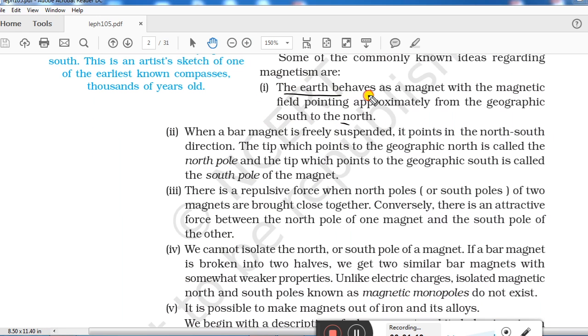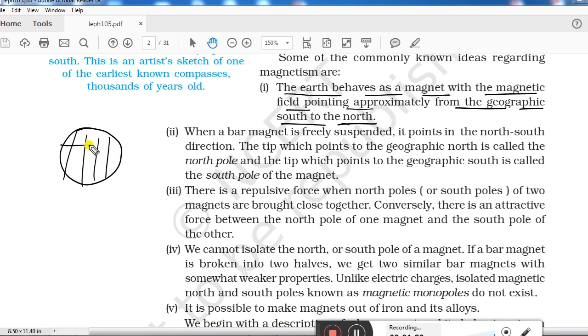The earth behaves as a magnet with the magnetic field pointing from geographic south to geographic north. Children, what are they saying in this point? If this is your earth, here somewhere you have geographic north, and here geographic south, then the earth behaves as a magnet. If it behaves like a magnet, it will also have some north and south pole somewhere.